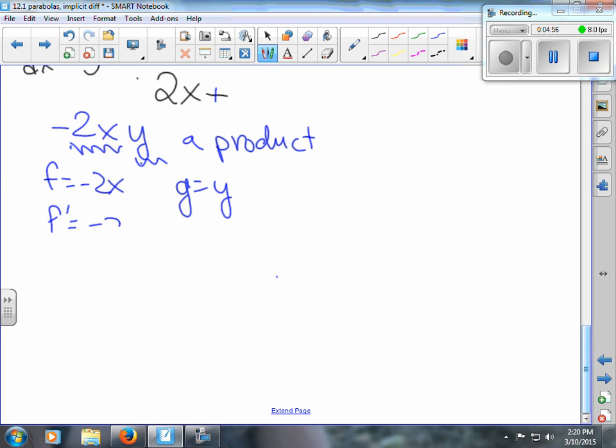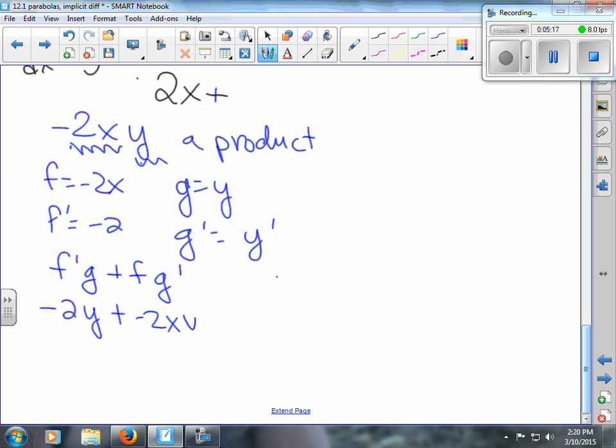You find f prime and g prime. What's the derivative of y? The derivative of y is y prime. And now I follow my product rule, f prime g plus f g prime. So f prime is negative 2, g is y, f is negative 2x, and g prime is y prime.